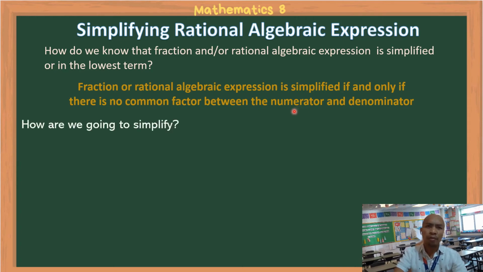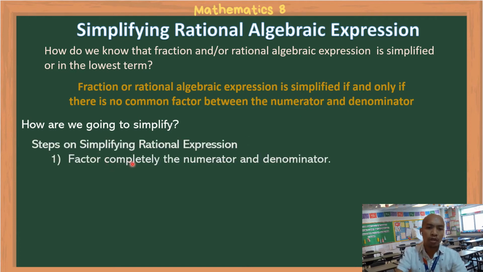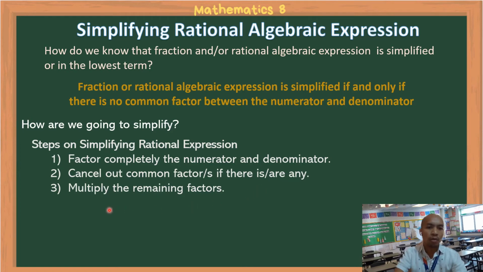How are we going to simplify a rational algebraic expression or a fraction? So first, we're going to factor the numerator and the denominator completely. Secondly, we are going to cancel out the common factors of the numerator and denominator if there is or are any. Thirdly, we're going to multiply the remaining factors.